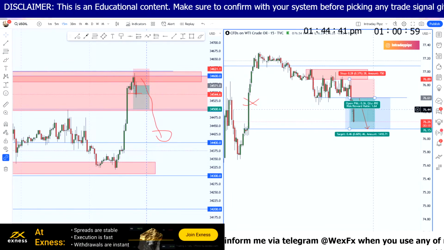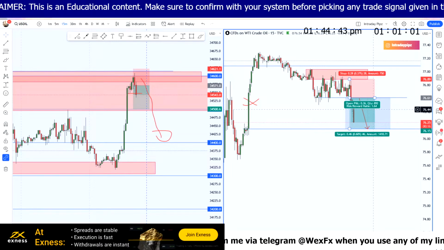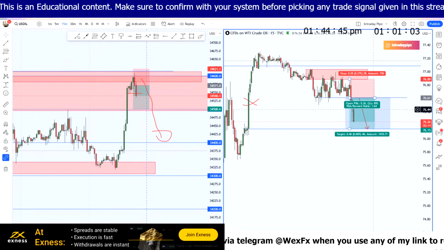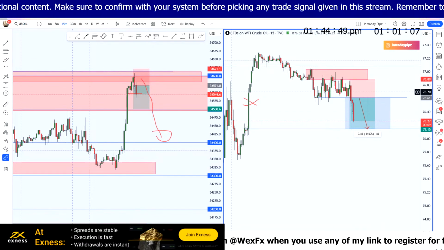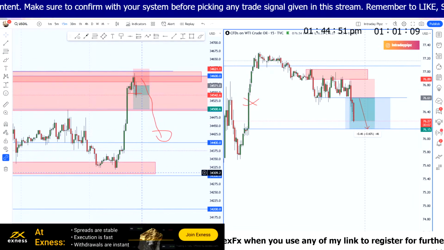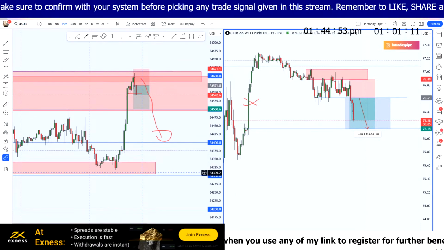Is it time for the US30 to pay us and pay us real good? Let's see. 28 pips so far.